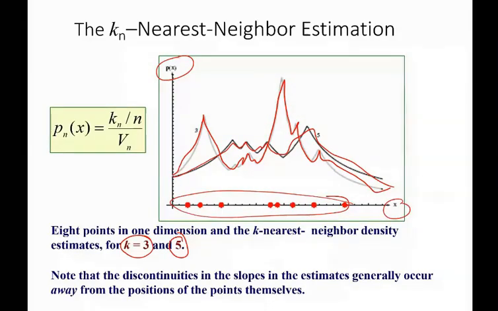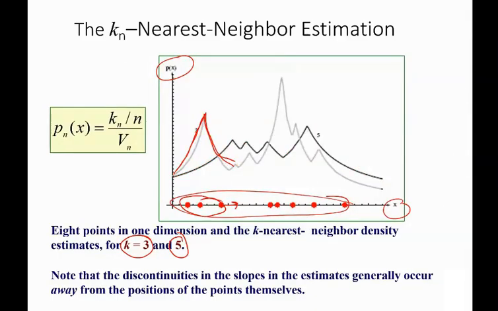Whenever you are near these samples, you have a very smooth region, the slopes are smooth, but when you go away from this, you will find there are some distortions or jaggedness in your graph. This is the region where you have samples, so you get a better estimation here.